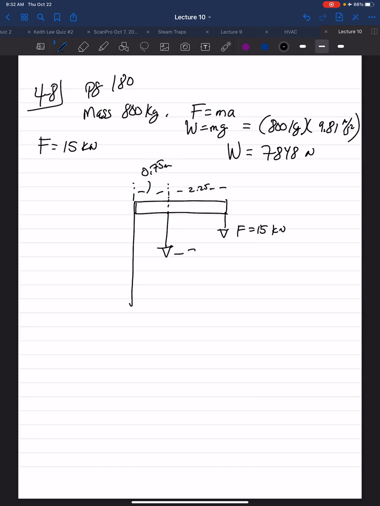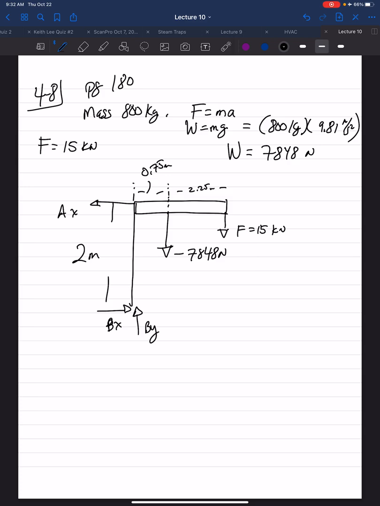And this weight here is 7848 newtons, as we just calculated. Point A, right here, has only a horizontal component, while point B has a horizontal and a vertical component. This is given in the problem statement. The height here is 2 meters. I believe I have everything we need.